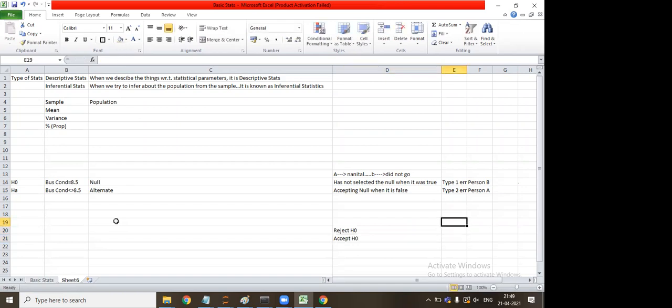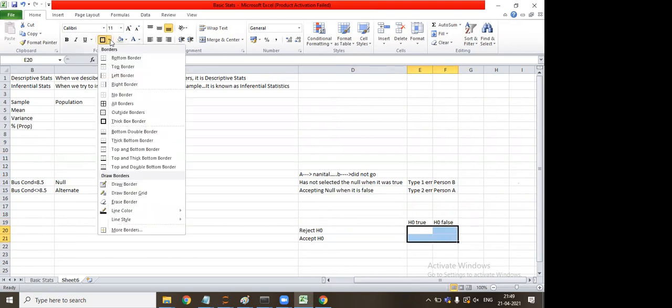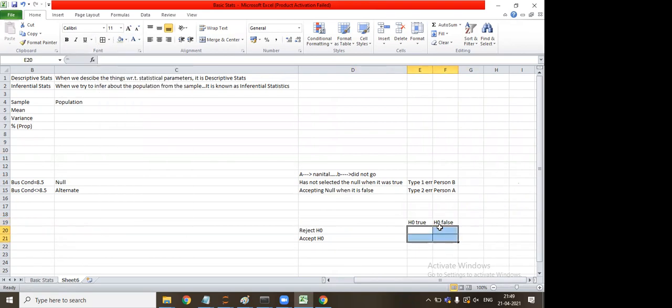Second is when H0 is true and when H0 is false. These are the two conditions that came. I'm not talking about null or alternate here; I said when not selected is null or accepting the null. I am not talking about alternate.